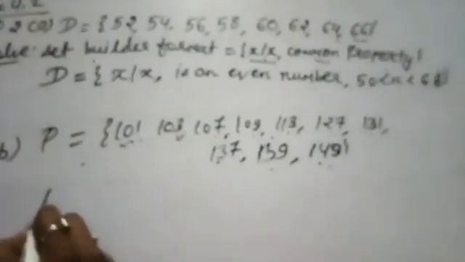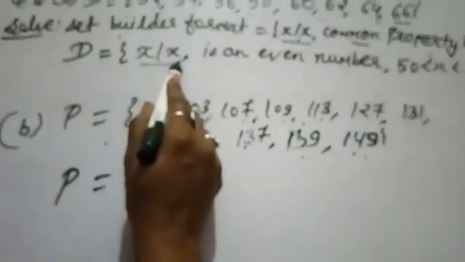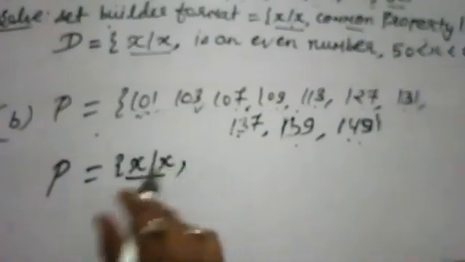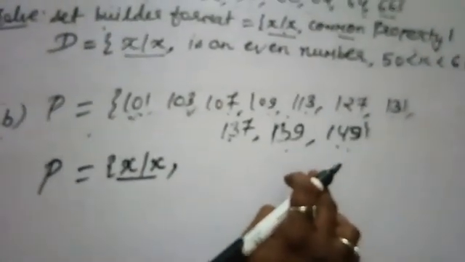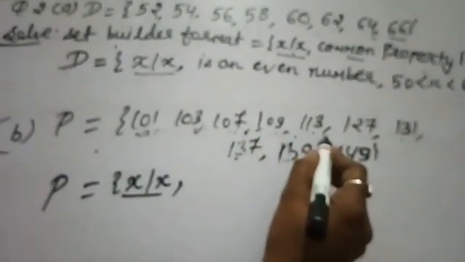So in set builder form, how can we write it down? First, we take one variable which represents each element of the set, and second, their common quality. What is the common property? All these numbers are prime numbers.